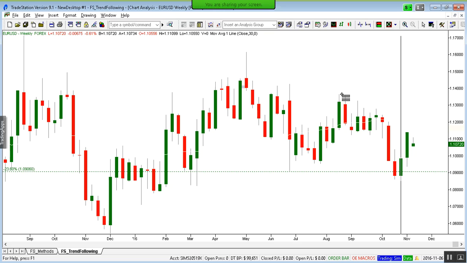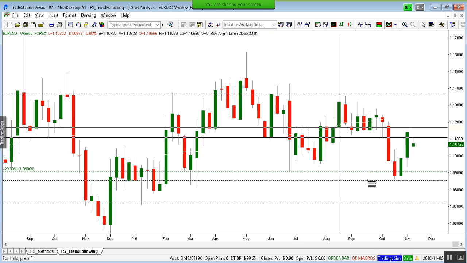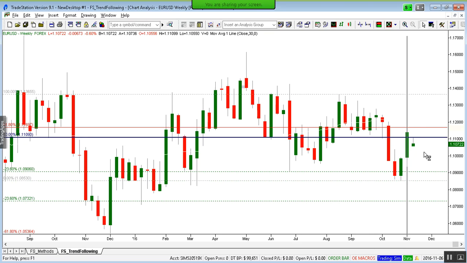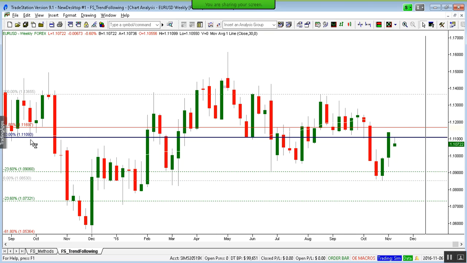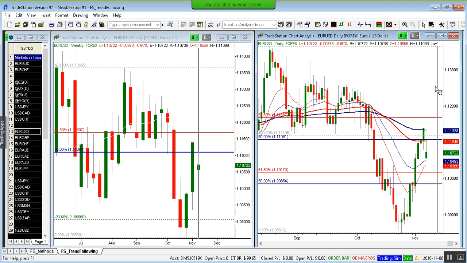This market has tested the 50% level here last week, and it opened right below that 111.09. Now, whether it is going to hold or not, it's not given here.